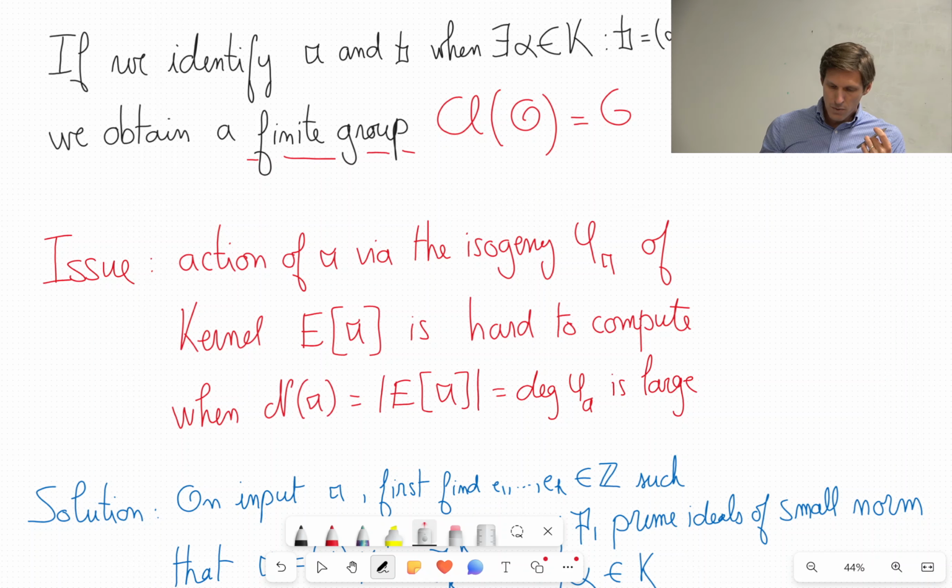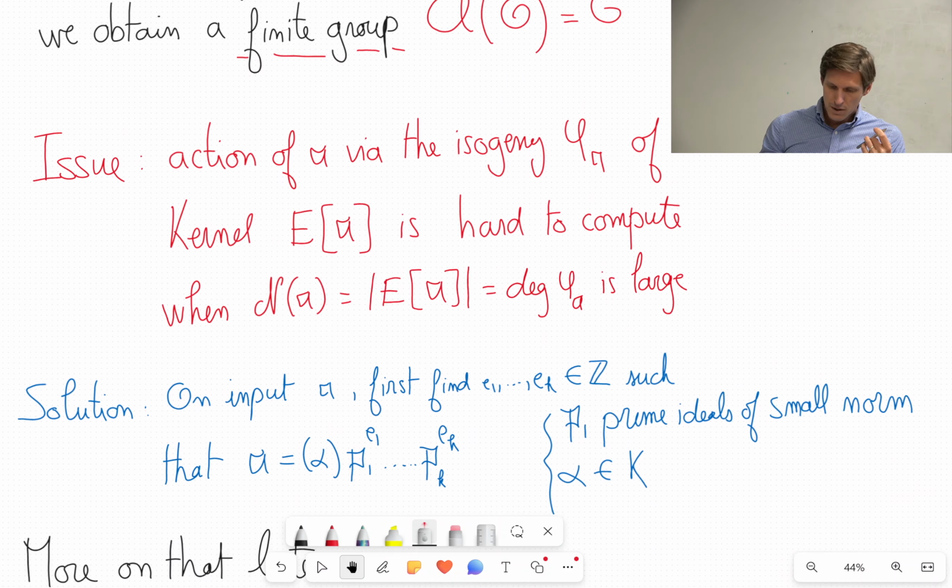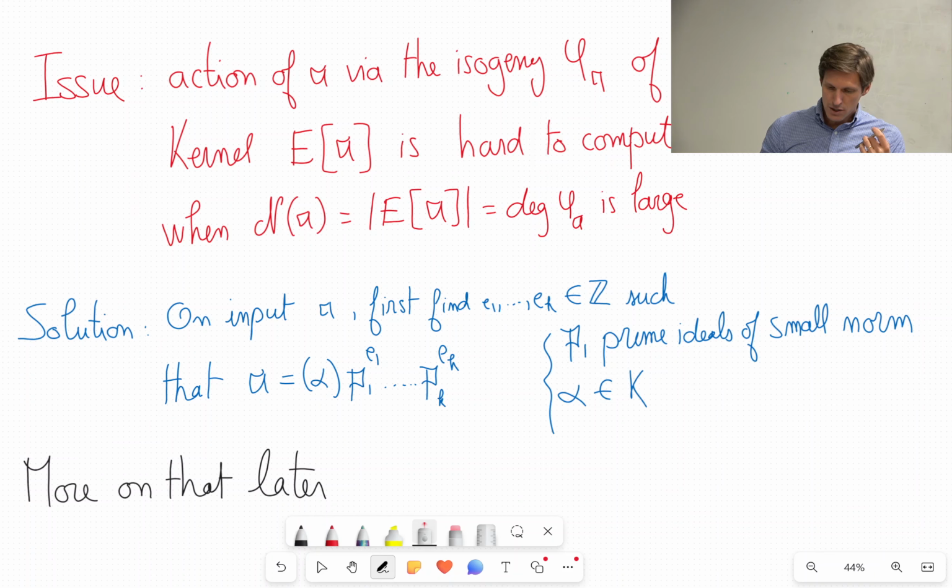So there is a workaround. It involves some calculations, and we're going to pause here, but I'm going to mention it. Because I'm doing things chronologically, this was not really solved at the time, but basically you want to decompose your ideal as a product of small things. Your ideal's action is going to be hard to evaluate when the norm is large.